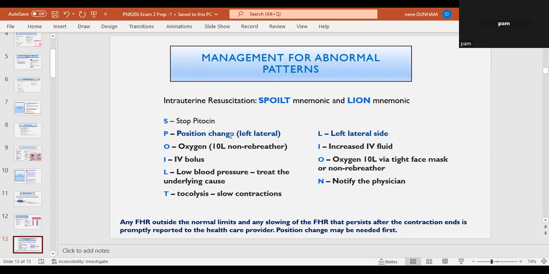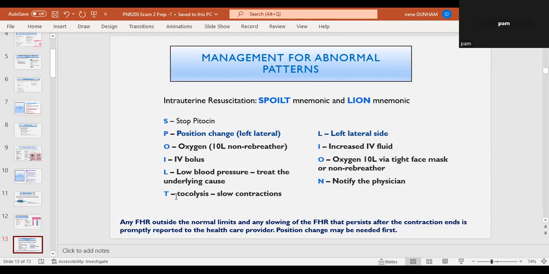The position is preferably, again, left lateral. Oxygen, like we said. IV bolus. You have an IV, so I'm going to give her a little bolus of IV. And then L would be low blood pressure. I'm going to treat the underlying cause. Usually you give an IV bolus, you have oxygen and get her on the left side, and you can usually get that blood pressure to come back up.